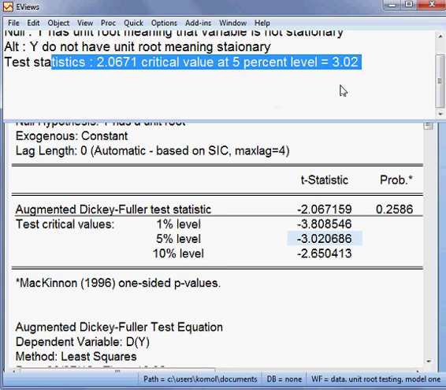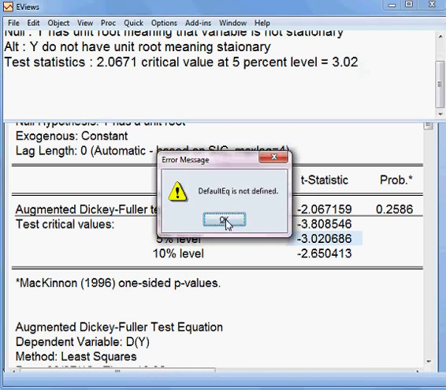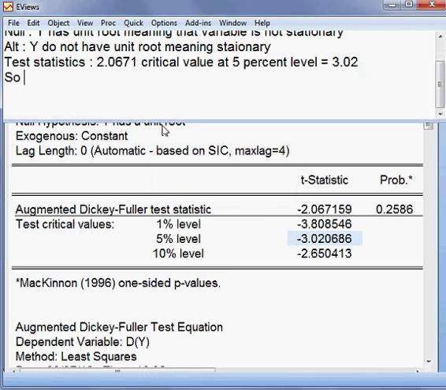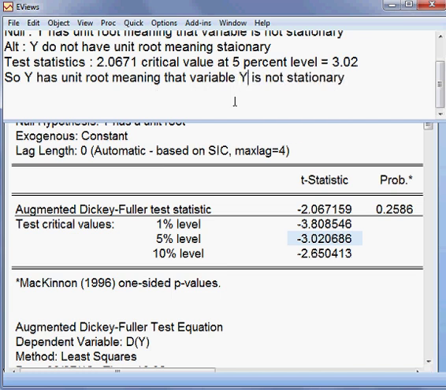So Y has a unit root, meaning that variable Y is not stationary.